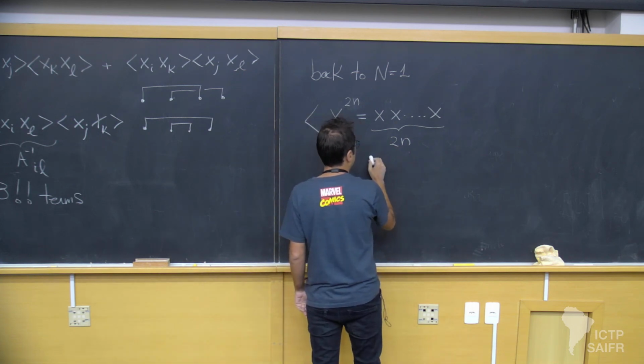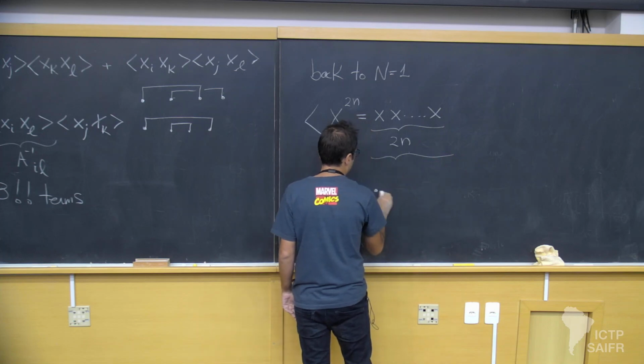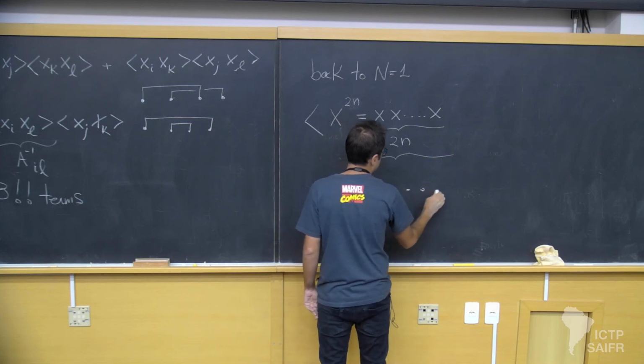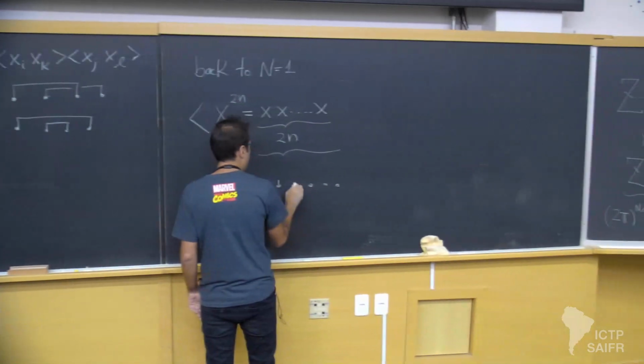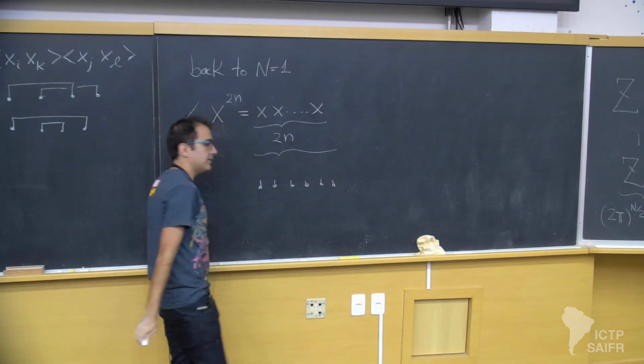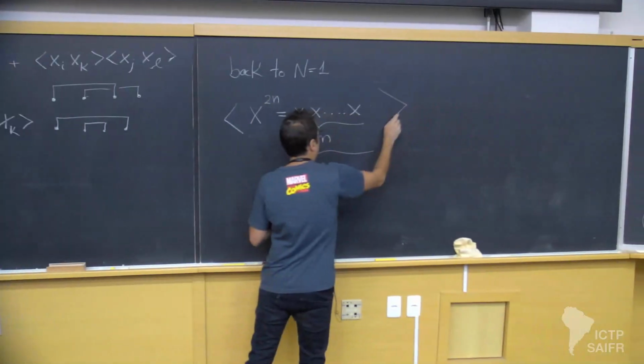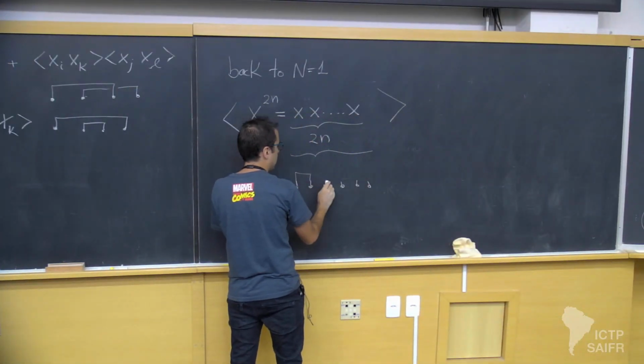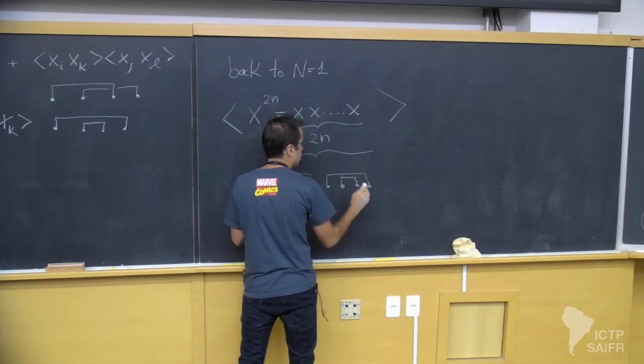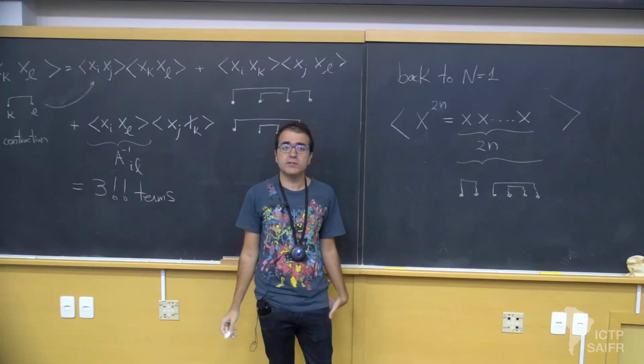I can think of this as just a bunch of x's. So they are ready to be contracted. And then I just choose this one to contract with this one, this with this one, this with this one. And how many options are there?